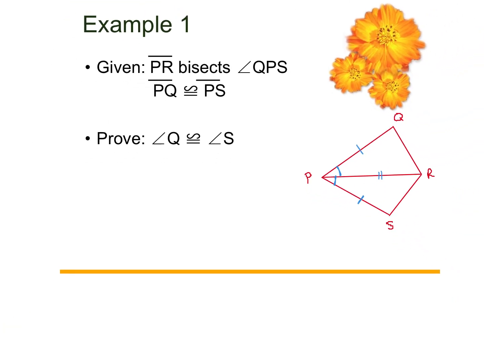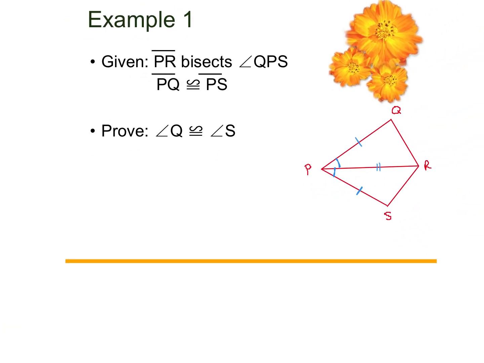Let me see if I can just zoom out so you can see the image with it. Okay, draw your T-chart. You're going to have your statements and your reasons. What's my first statement and reason? PR bisects angle QPS. The reason is given. Perfect.